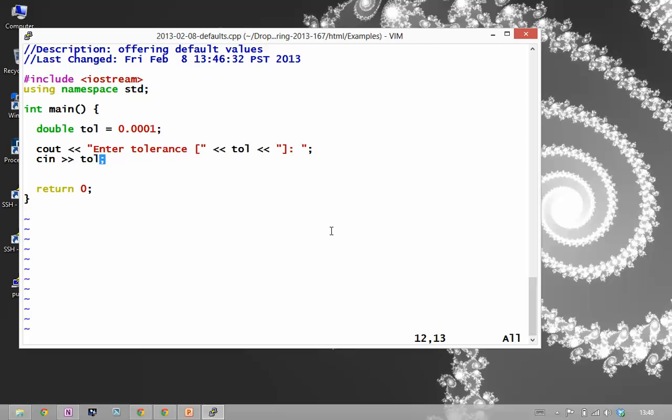What I would like to do is devise some way of keeping the default value if I choose to just hit enter. Let me show you the magic there. I need a curly brace there.